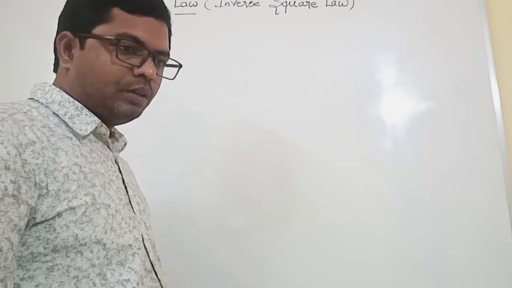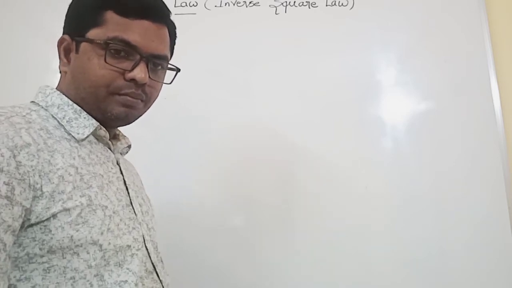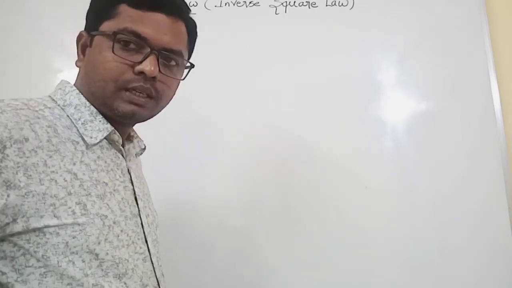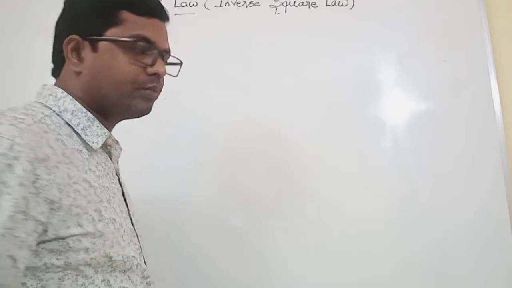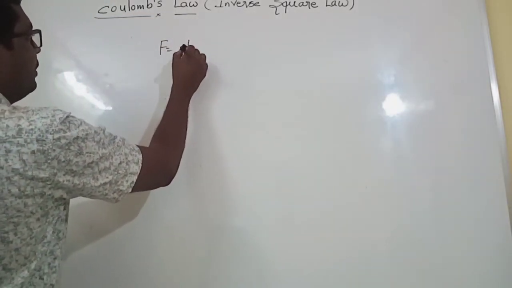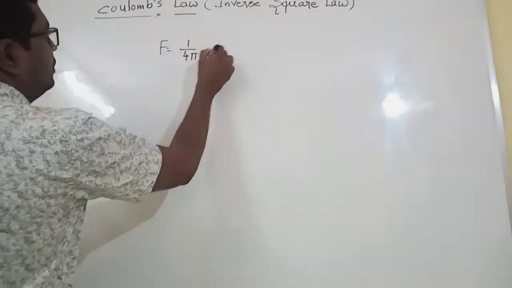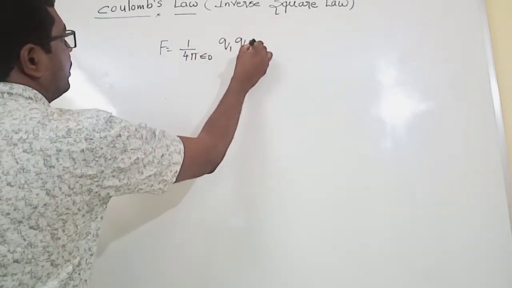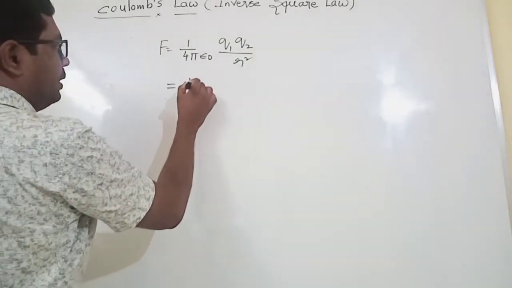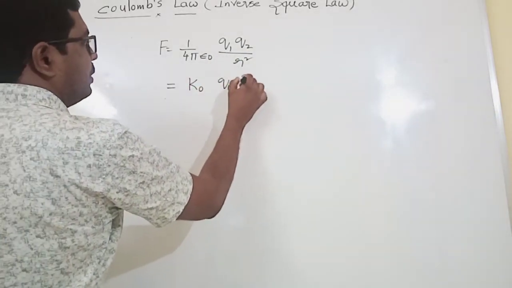Now, when is the force said to be attractive, and when is the force said to be repulsive, that concept we are going to discuss now. As per Coulomb's law, F is equal to 1 by 4 pi epsilon naught Q1 Q2 divided by R square. That I am writing as K naught Q1 Q2 by R square.